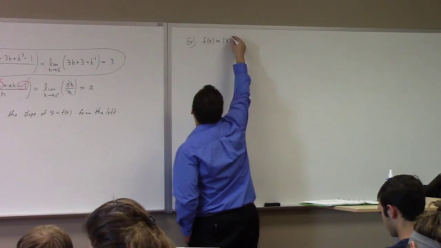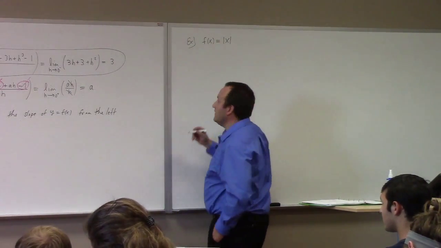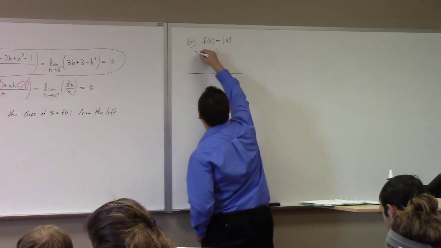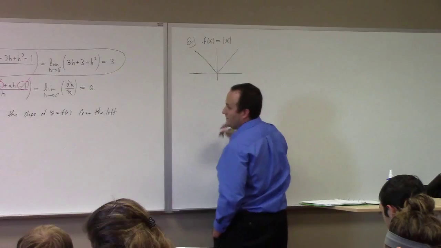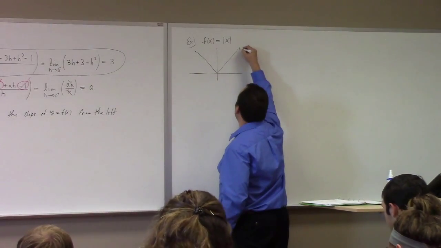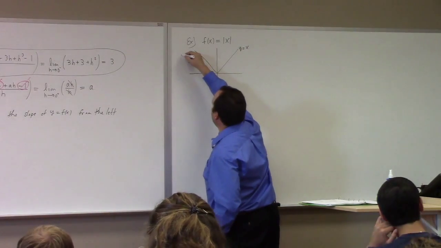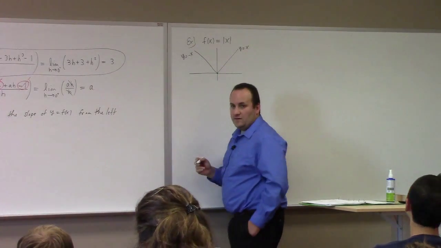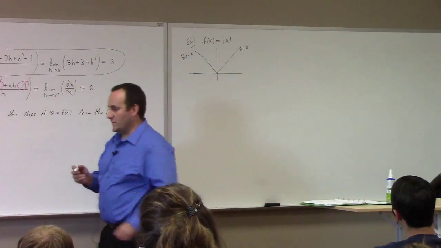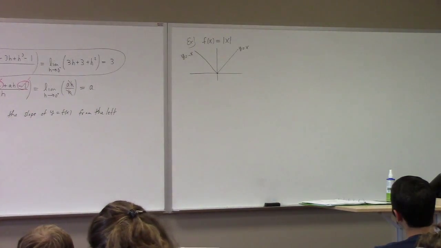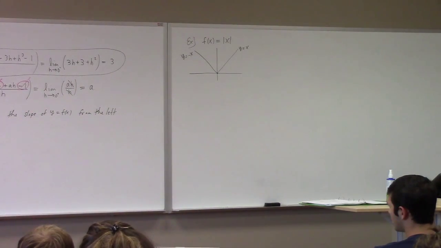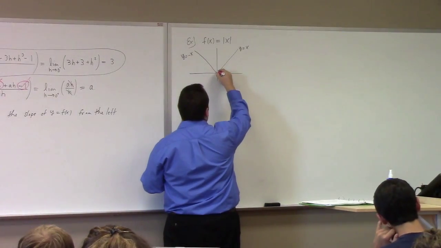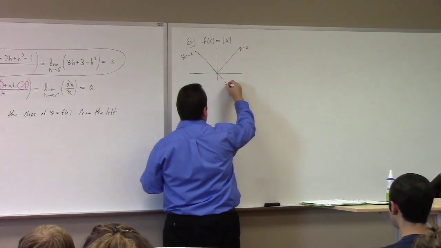So if I look at the absolute value of x, right? What's the graph of the absolute value of x look like? It's y equals x over here. It's y is equal to minus x over there, and they match. They both meet at the origin, right? So what would the left and right tangents be there? The left tangent would be just like this, right? So you could think of it as an arrow like this.